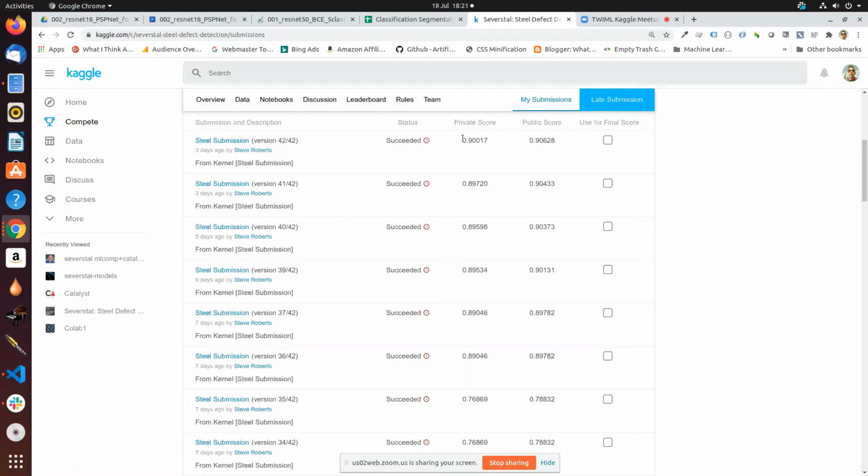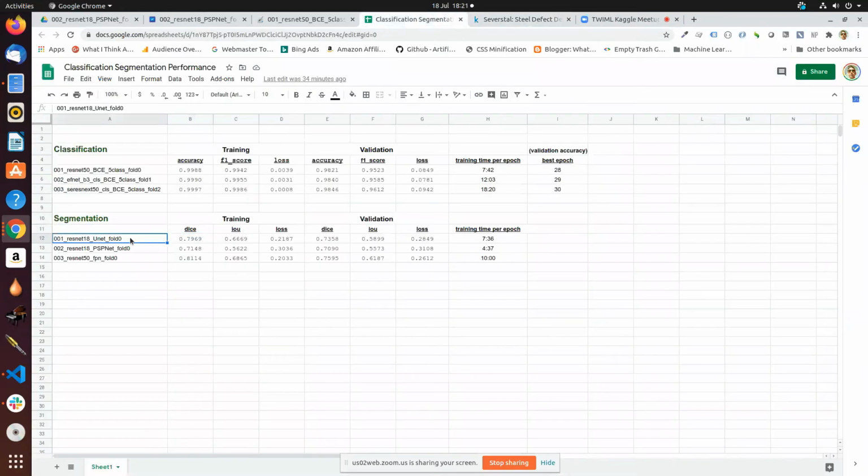And the last one is the 3 classifiers and the 3 segmenters. What I was going to do next was take the UNet by itself without a classifier and submit that into Kaggle to see exactly what dice score it gives me, to see whether it matches up with what the training scores are giving me.